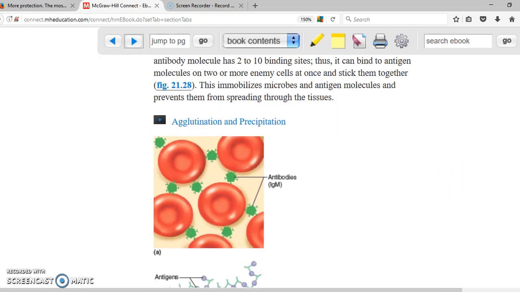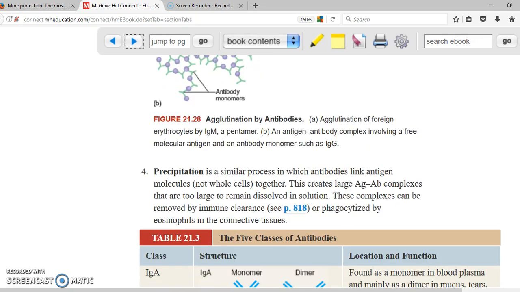The next and last one that we have right here is going to be precipitation. It's more or less the same mechanism as the agglutination. That's why it says you see a similar process in which antibodies link multiple antigens. The only difference is that when they link multiple antigens, they form these big antigen-antibody complexes.